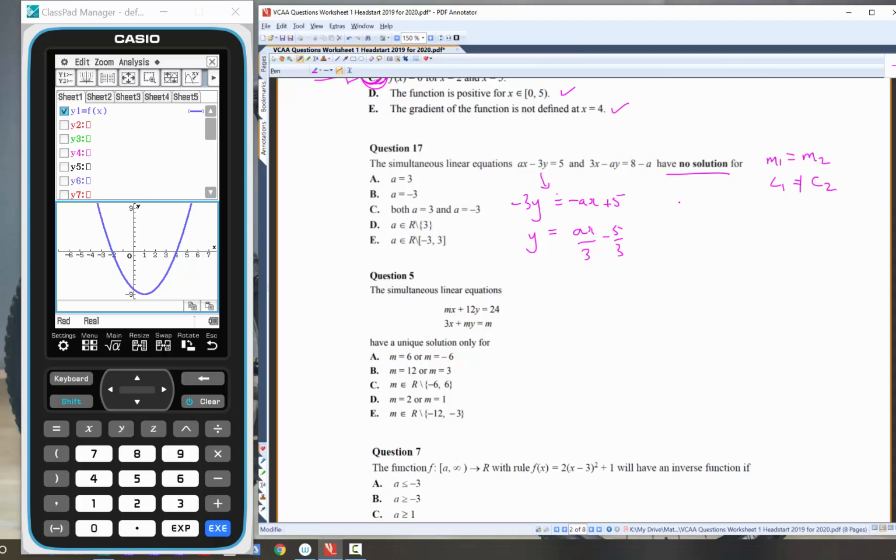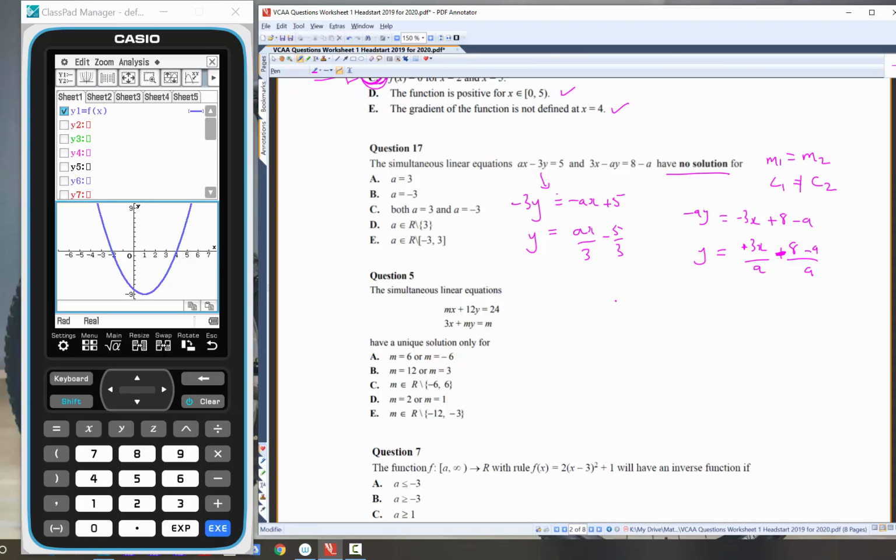Now onto this one, so we've got negative ay equals negative 3x plus 8 take a as the constant, which is y equals negative 3x over, so that's going to be positive over positive a, plus 8 take a, all being divided by a, which means that's negative because we're dividing by negative a.